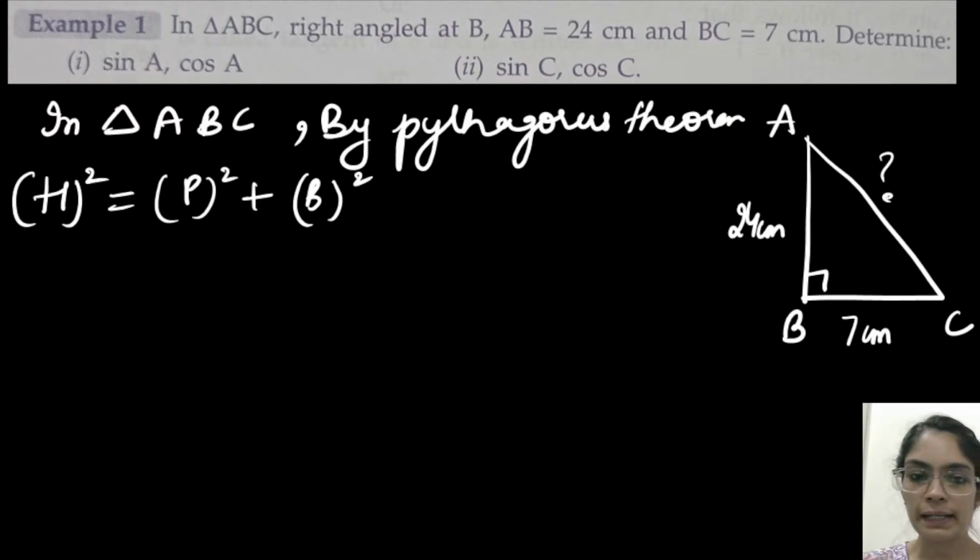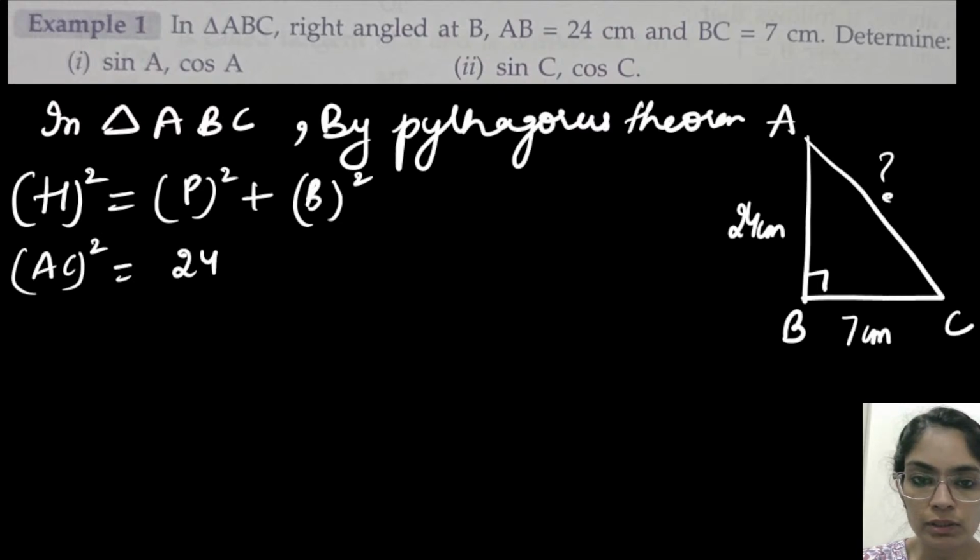So we can apply it. Here the hypotenuse is AC. So AC square is equal to AB square plus BC square.